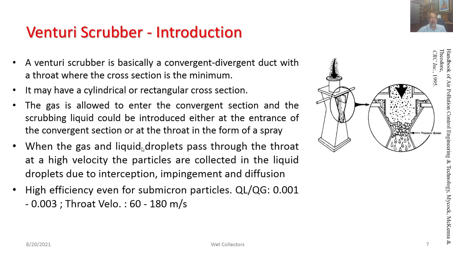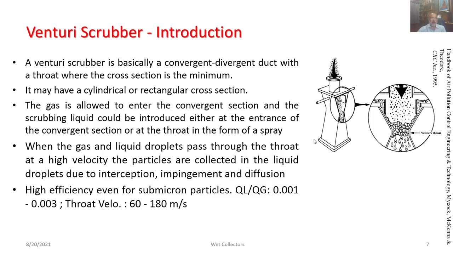So, when the gas and liquid droplets pass through this throat at a very high velocity, the particles are collected in the liquid droplets due to interception, impingement and diffusion kind of mechanisms.